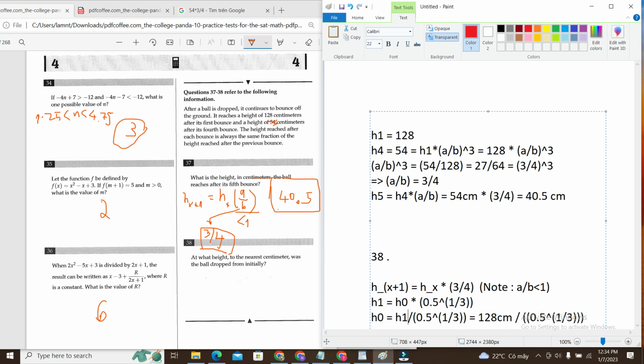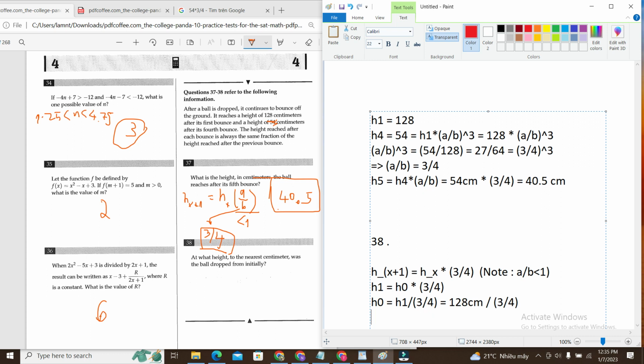So now we're gonna fix things a little bit. At what height to the nearest centimeter was the ball dropped initially? H1 is H0 times 3 over 4, so H0 is H1 divided by 3 over 4. So it's 128 divided by 3 over 4.